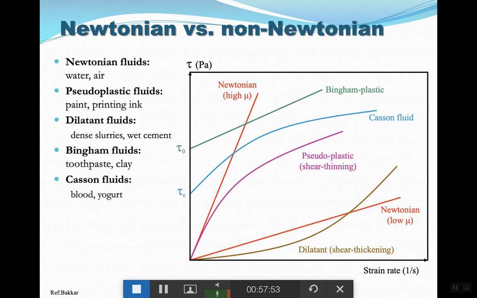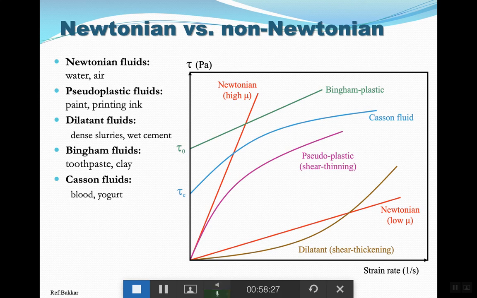For example, asphalt. The viscosity of asphalt changes with temperature. As you increase the temperature, and you have seen this in many places, the viscosity of asphalt goes down. It becomes more liquid. Whereas as you decrease the temperature, the viscosity of asphalt increases, meaning it behaves more like a solid.